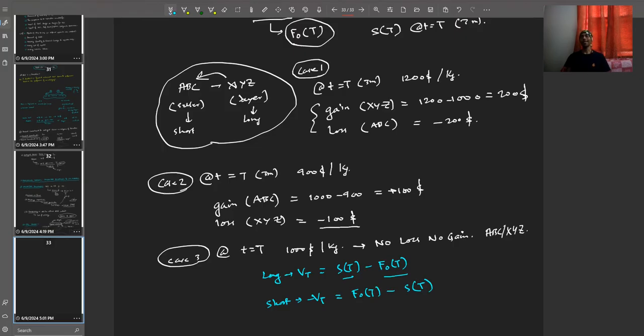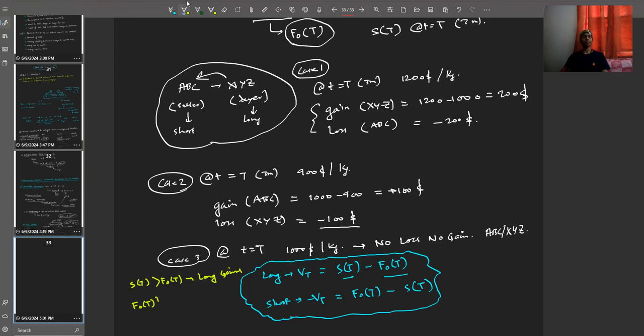Similarly, when the market price is less than the contract price, the short side of the forward gains while the long side makes a loss. So St greater than F0t means the long party gains, and F0t greater than St means the short party gains.